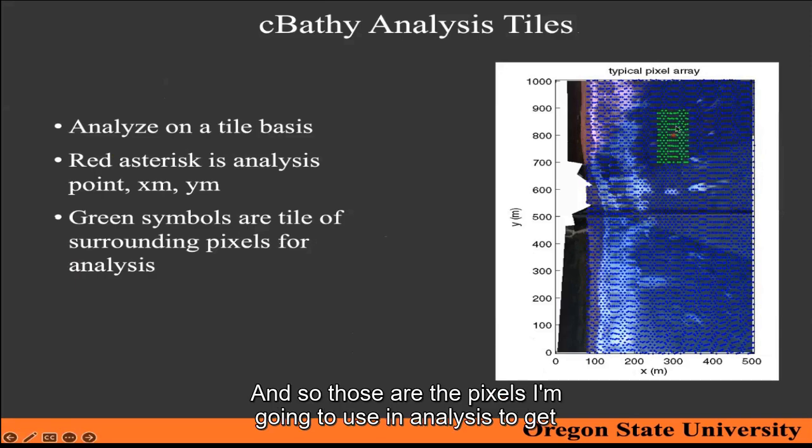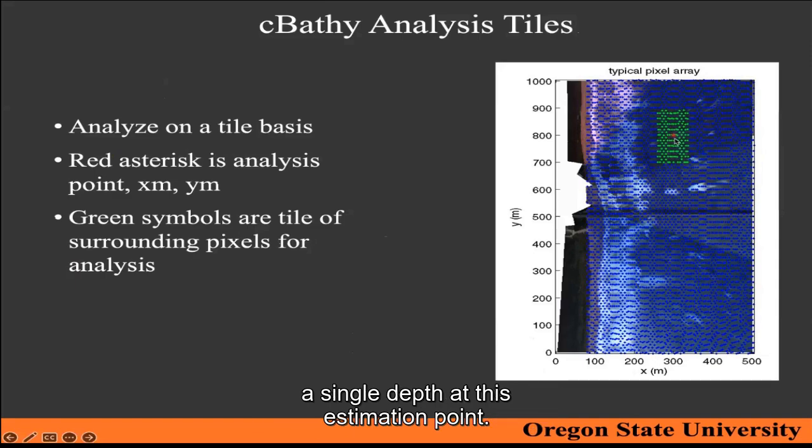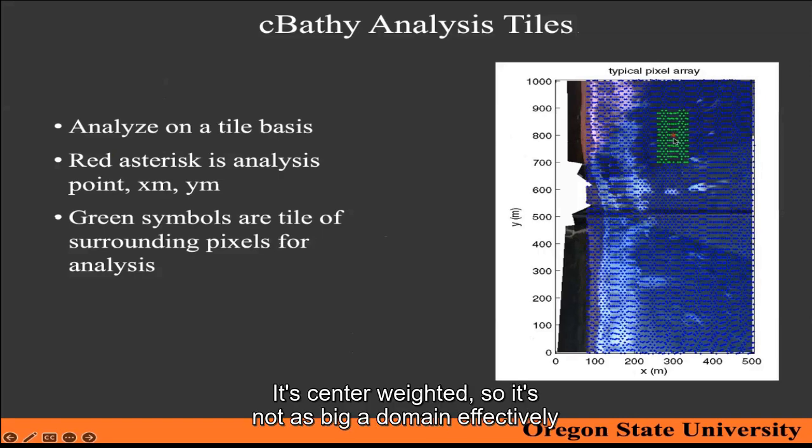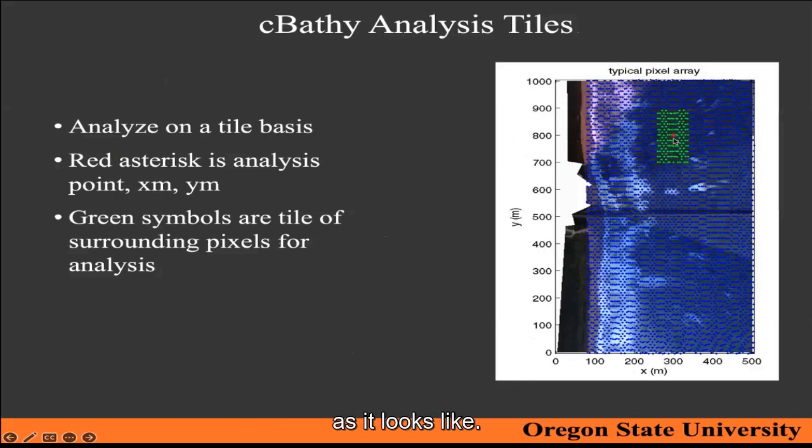Those are the pixels I'm going to use in analysis to get a single depth at this estimation point. And it's center weighted, so it's not as big a domain effectively as it looks like.